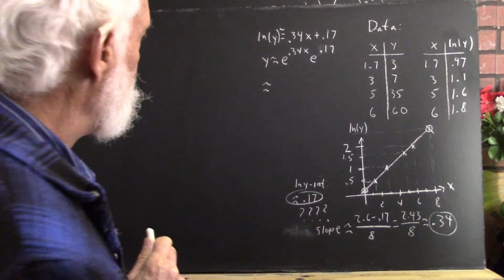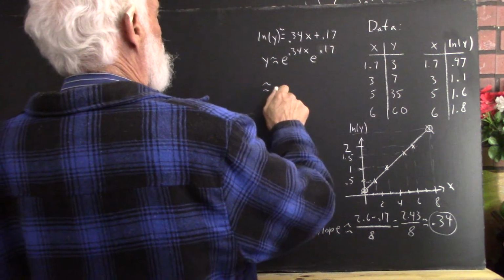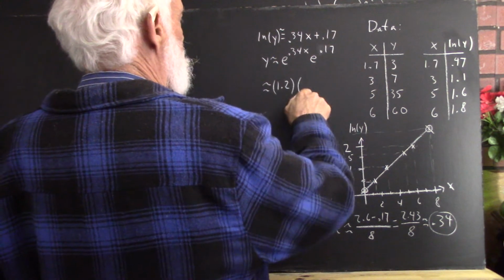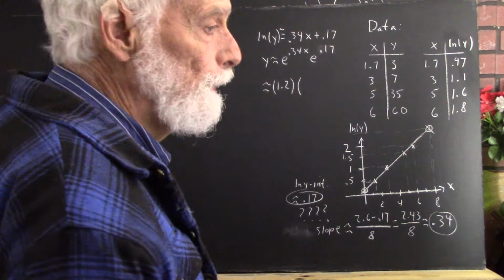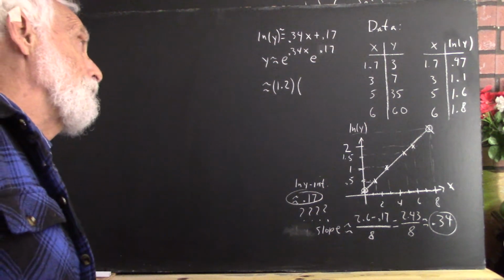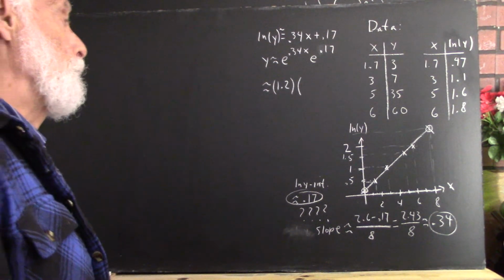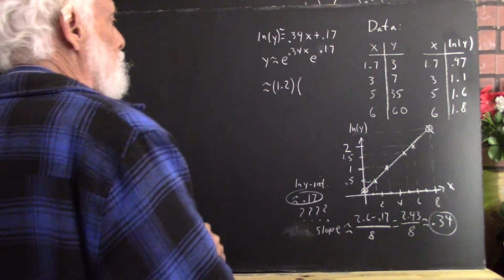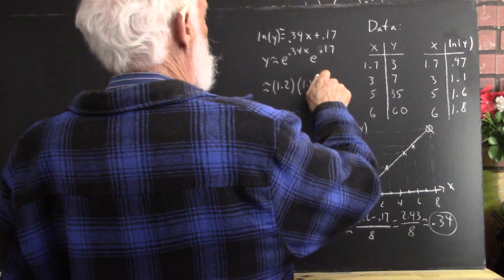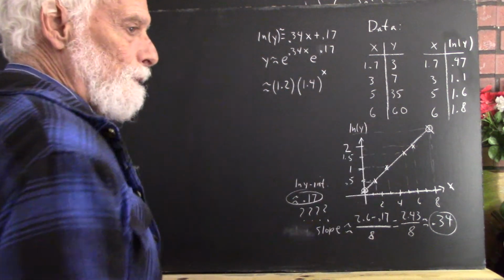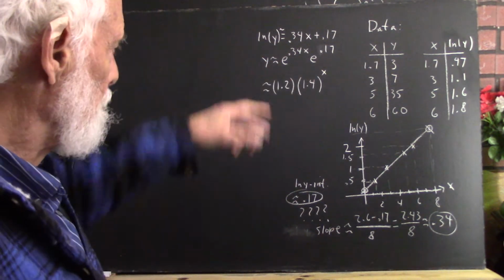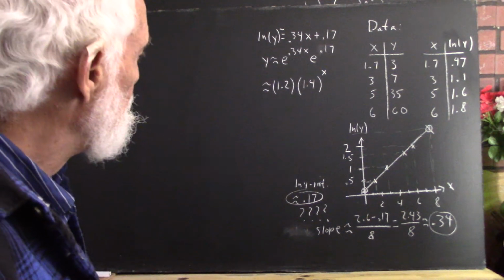Okay? And e to the 0.17 is pretty close to 1.2. And e to the 0.34, what do you cube to get 2.7? Let's see, 1.3 is too little, 1.4 is about right. So I'm going to say it's about 1.4 to the x. I assume you can get from this step to this step because we did that in a little more detail in the last example. Okay?